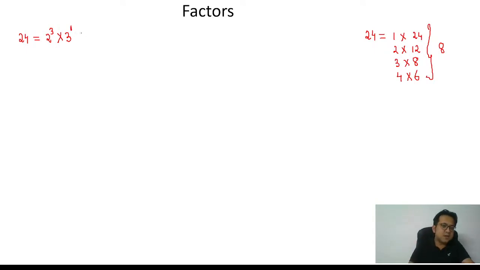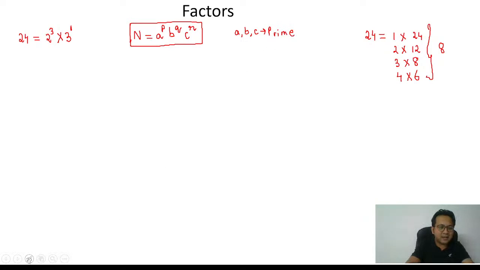Generally, if a number is expressed in this form, a to the power p, b to the power q, c to the power r, where a, b, c are prime numbers.